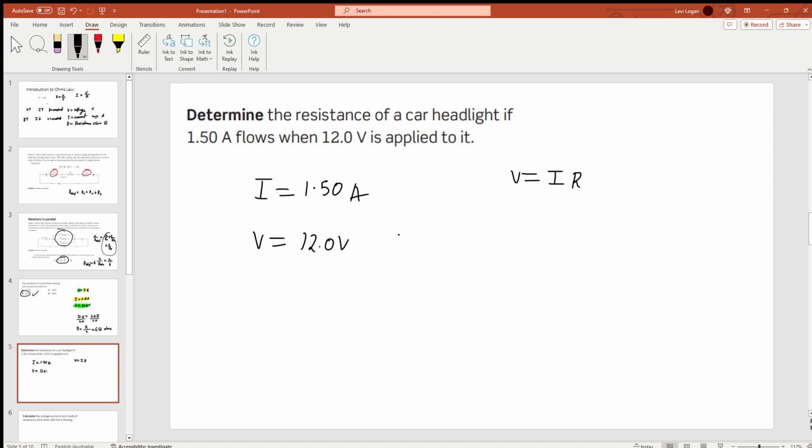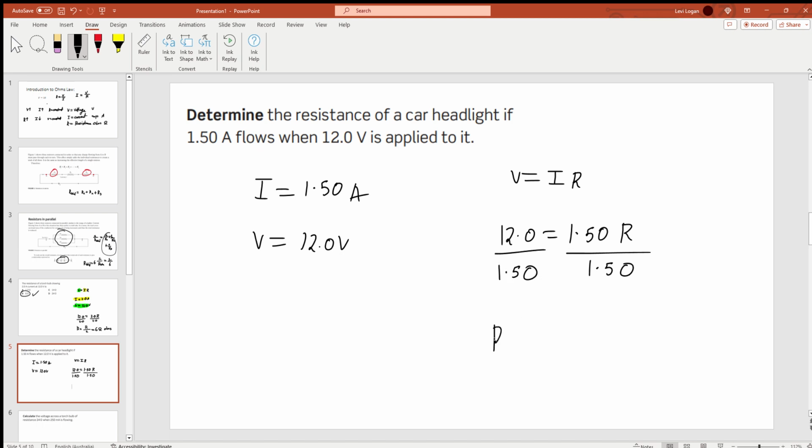Okay. Now, we're probably not going to get a whole nice number, mainly because of the decimal here. But in problems like this, you have to be comfortable with having some decimal numbers most of the time. So plug this into the formula. So V is going to be 12, I is 1.5, and we still have R here. So if we want to get R by itself, you need to divide by 1.5.